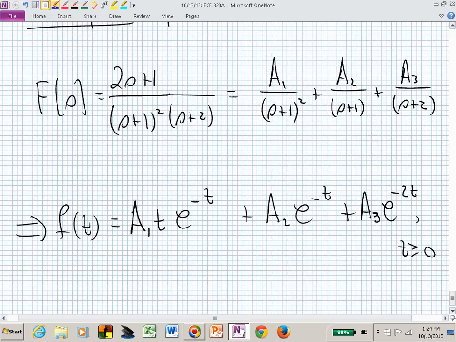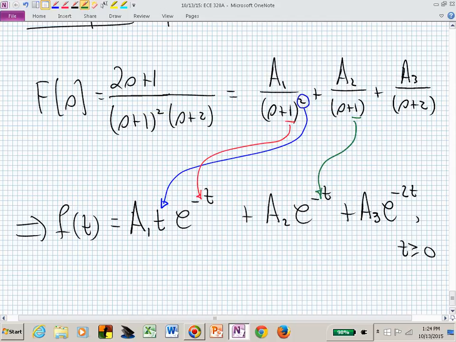Meaning this particular 2 is responsible for that t to the first power. This minus 1 right here, or that 1, is the 1 that's sitting there between the minus sign and the t. This 1 right here is right there.